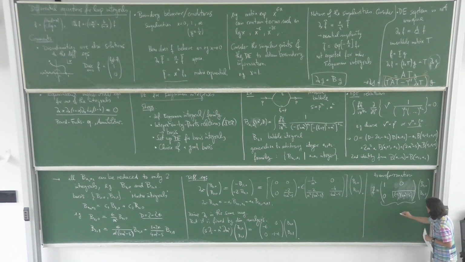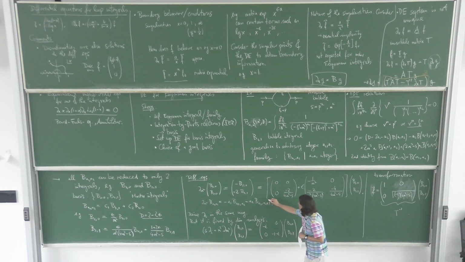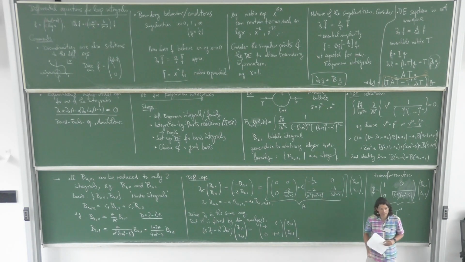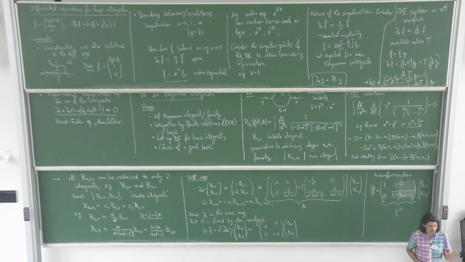And so just to be clear, in the language that we were using before, this would be the T inverse, but since it's a diagonal matrix, it's particularly easy to invert it. So I will stop here. The claim is that if we do this transformation on this matrix A, then we find something that I would call a canonical form, which is not exactly what we had this morning, but it has the main features of what we had this morning.